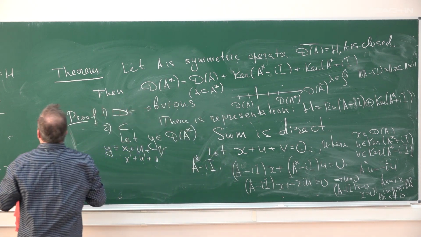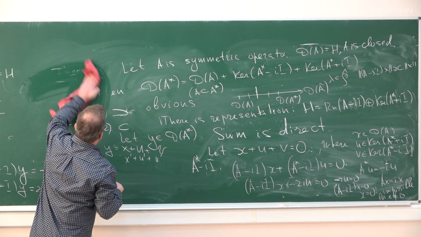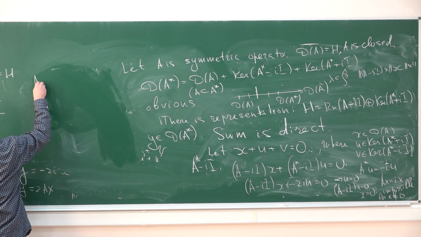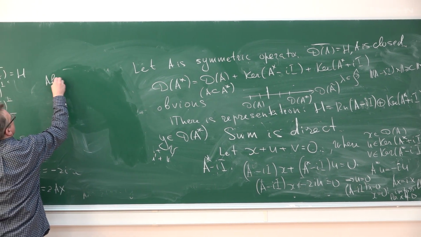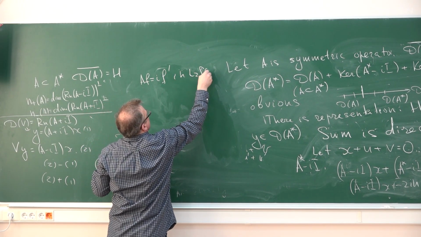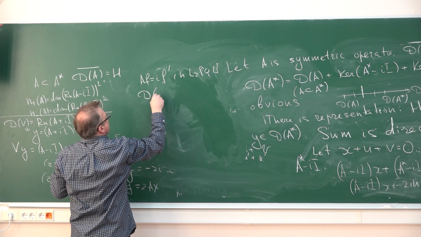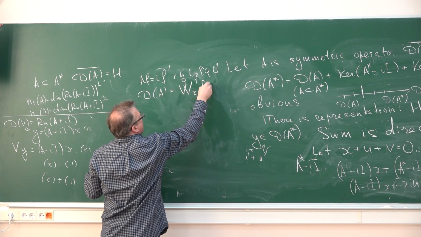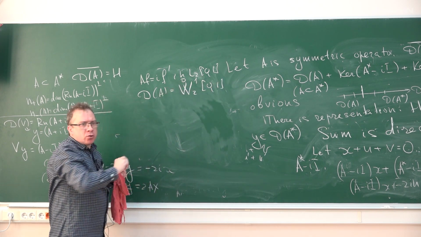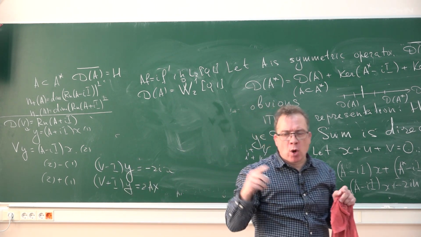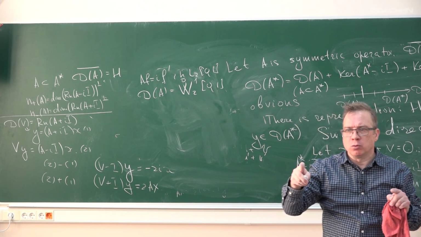I remind you of the example of the operator A, i d/dx, in L2(0,1) with the domain the Sobolev space with the Dirichlet boundary condition: the function at 0 and the function at 1 equal to 0.